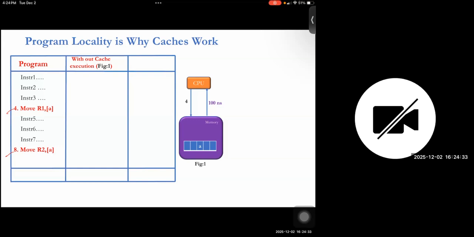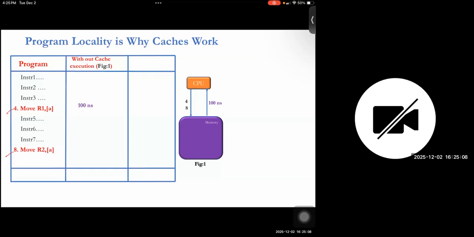So without this cache, to execute the memory instruction moving the value A into the R1 register takes 100 nanoseconds. If you closely look at the instruction at the eighth location, it is also accessing the same value A, but loading it into the R2 register, a second time.